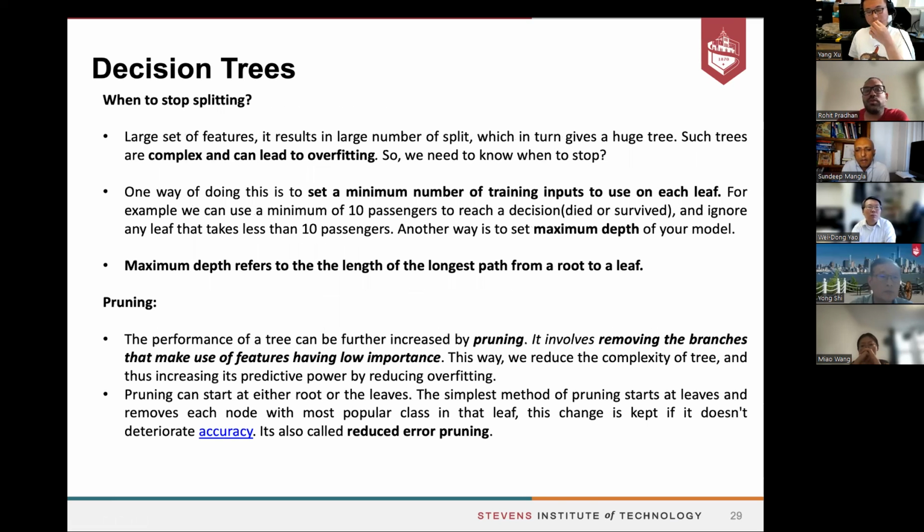So where to stop and how to trim the decision tree. If we have n number of features, our tree will be complex and it will lead to overfitting. One way to handle this is to set a minimum number of training inputs for each leaf. We can also limit the features in our data.